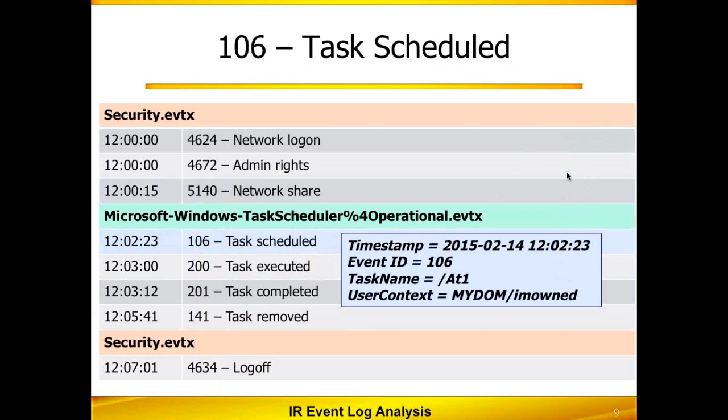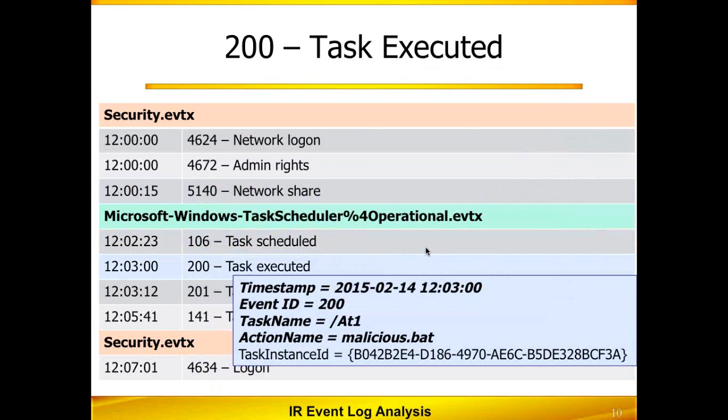I think you could easily use this as an indicator for lateral movement in your network: a 106 event followed within under a minute by a 200 event, which is the task actually running.